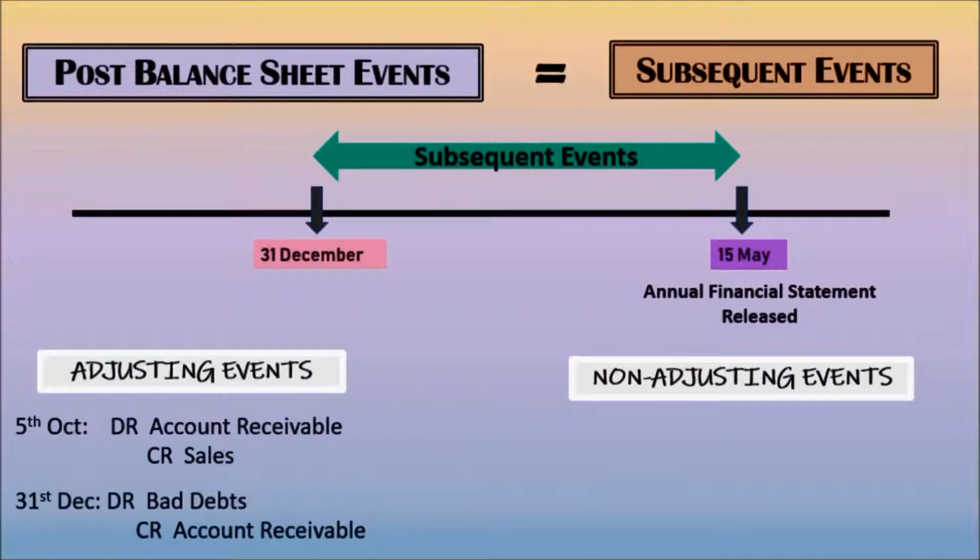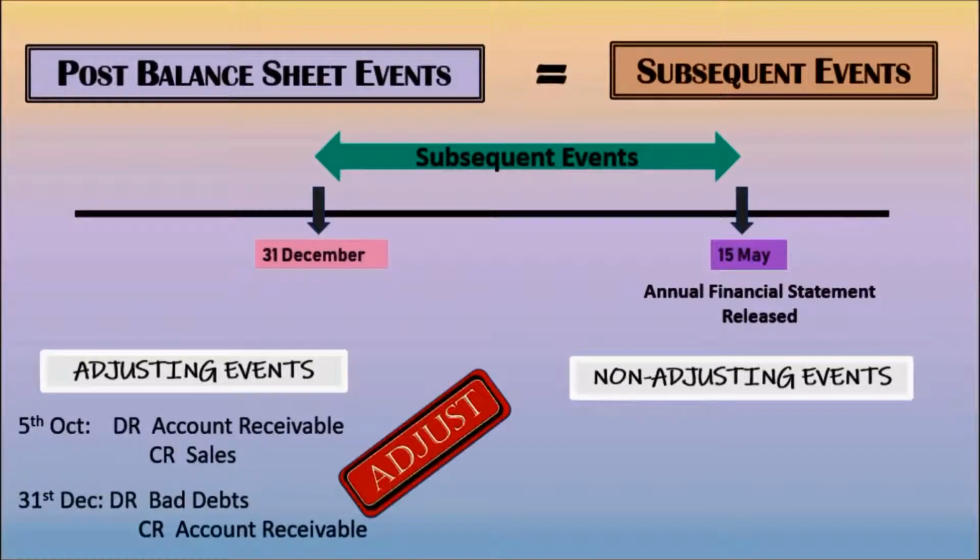However, on 31st December, we found out the customer went bankrupt. This event happened after the balance sheet date, which is a confirmation of the existence of a loss at balance sheet date on a trade receivable. Therefore, we need to credit the account receivable amount and put it into the bad debt account. Hence, the entity needs to adjust.